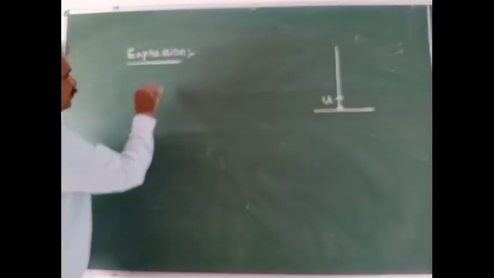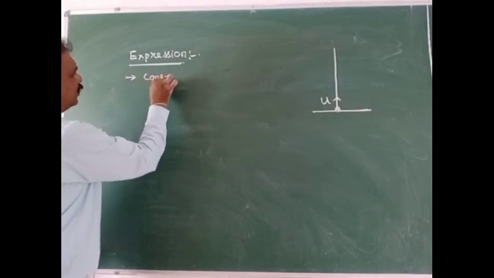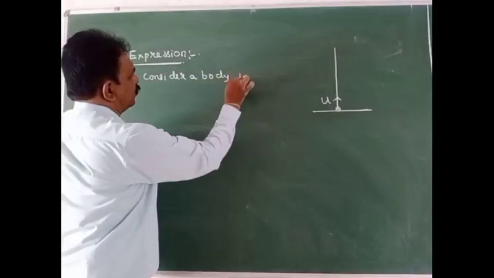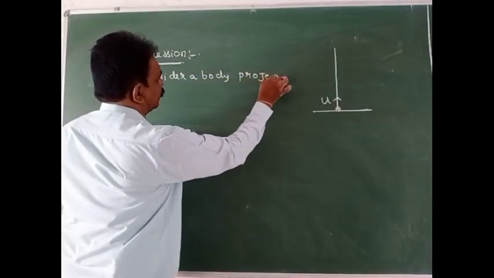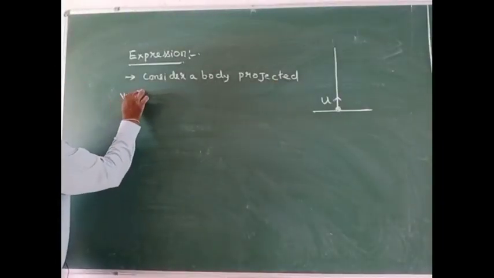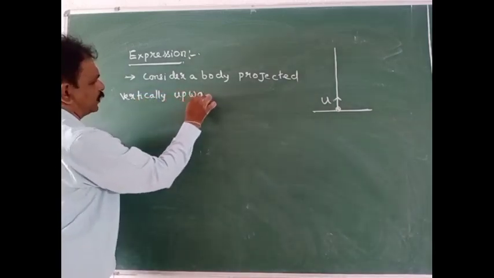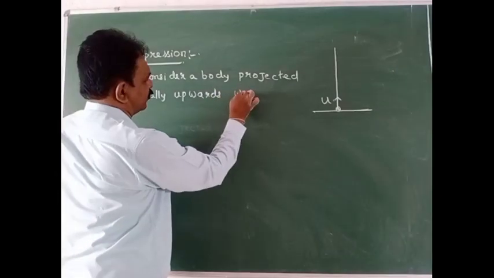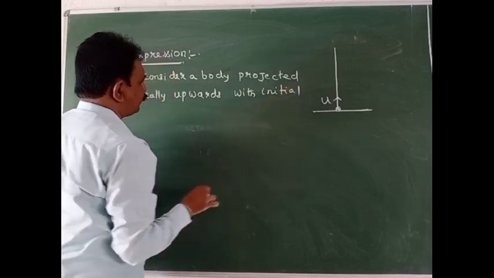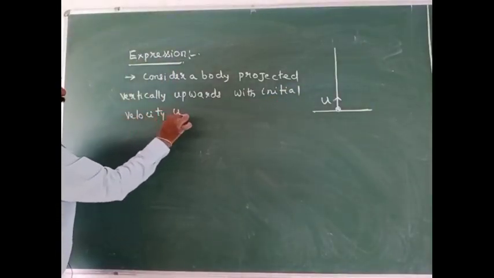So, consider a body projected vertically upwards with initial velocity u.